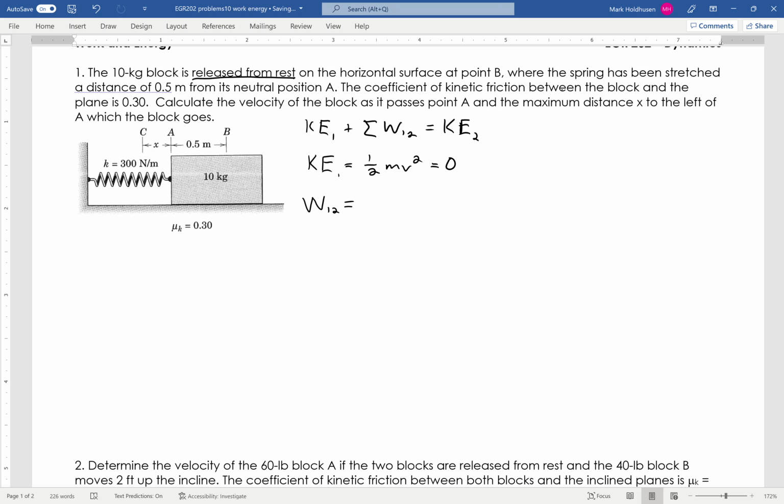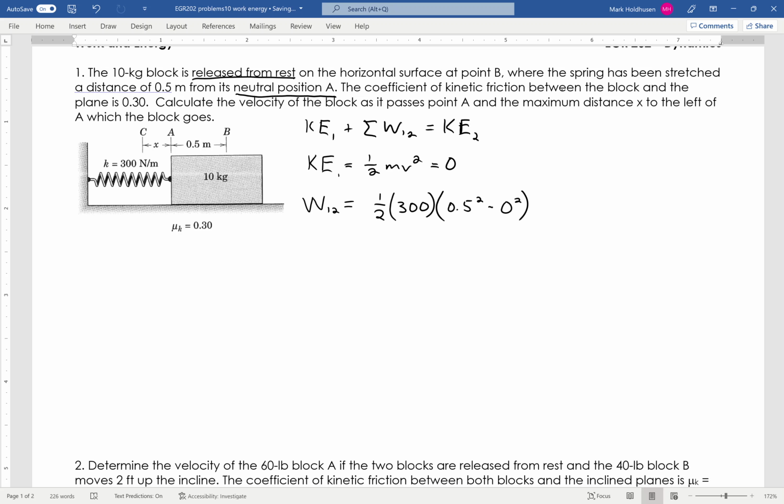The first thing is the work done by a spring, which is going to be 1/2 ks squared minus the other ks squared. k is 300. Initially it has a stretch, because I'm doing 1/2 ks squared, where s is the stretch in the spring. So initially the stretch is 0.5, and then at point A the stretch is 0, because that is the neutral position.